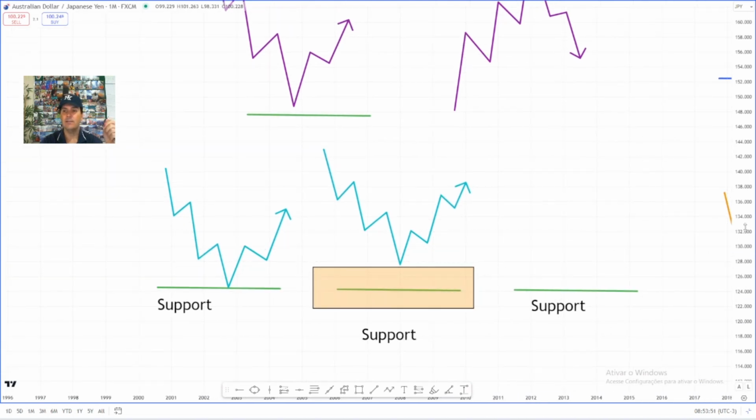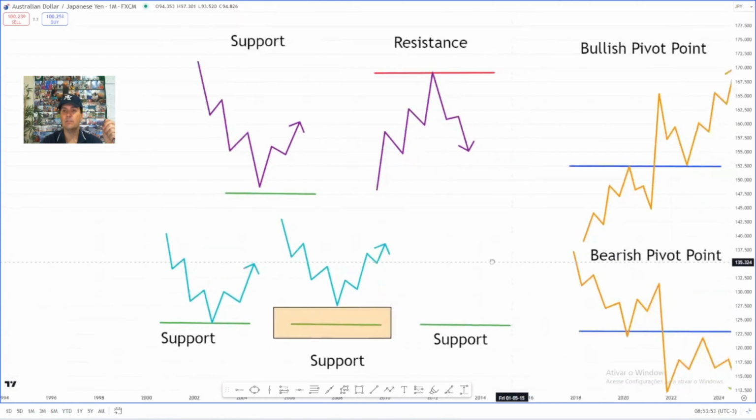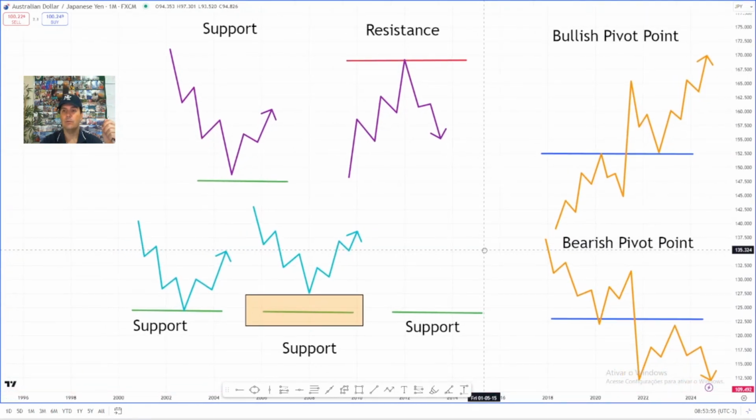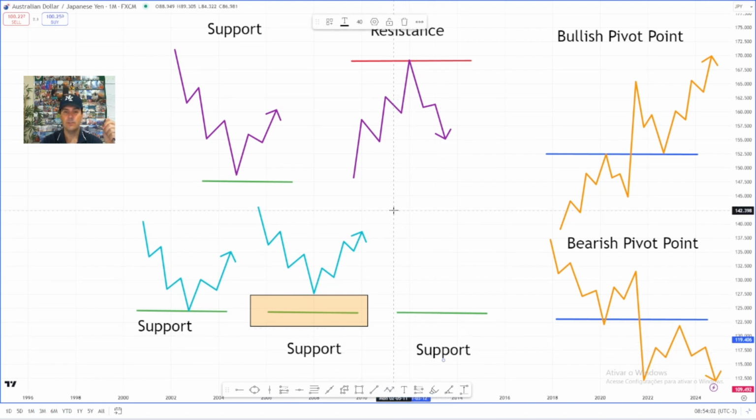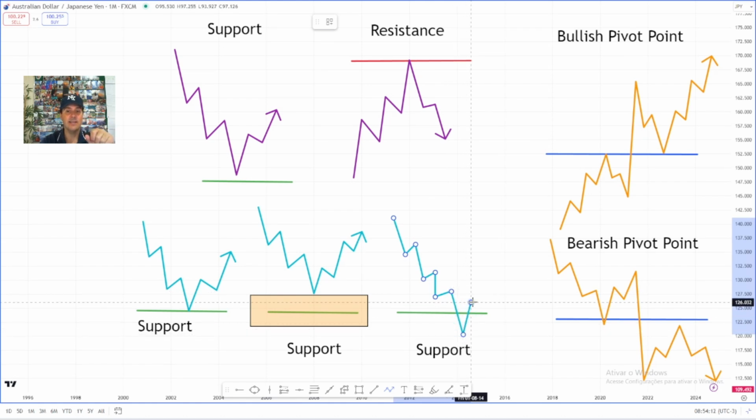And the third variation on how the market is going to approach support: it's going to make lower lows, lower highs, lower lows, lower highs, lower lows, lower highs, break the line, and then react.